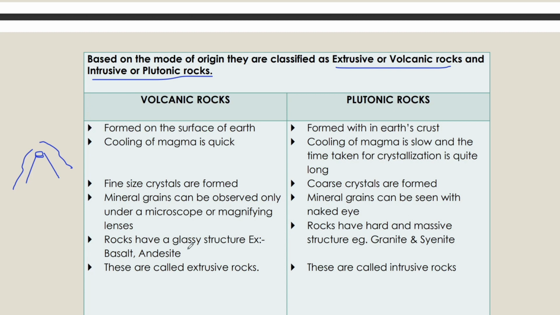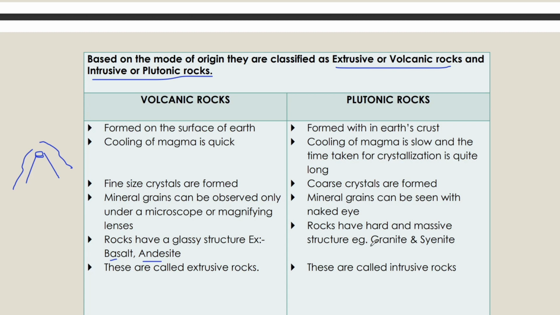Examples of volcanic rocks are basalt and andesite. Plutonic rocks have a hard and massive structure. They are very big, and their weight is also more than volcanic rocks. Examples are granite and syenite.